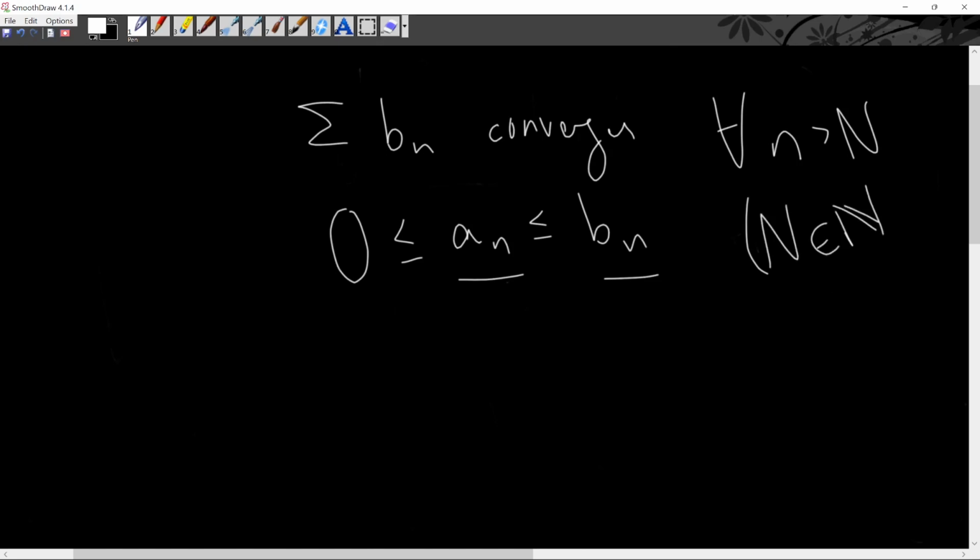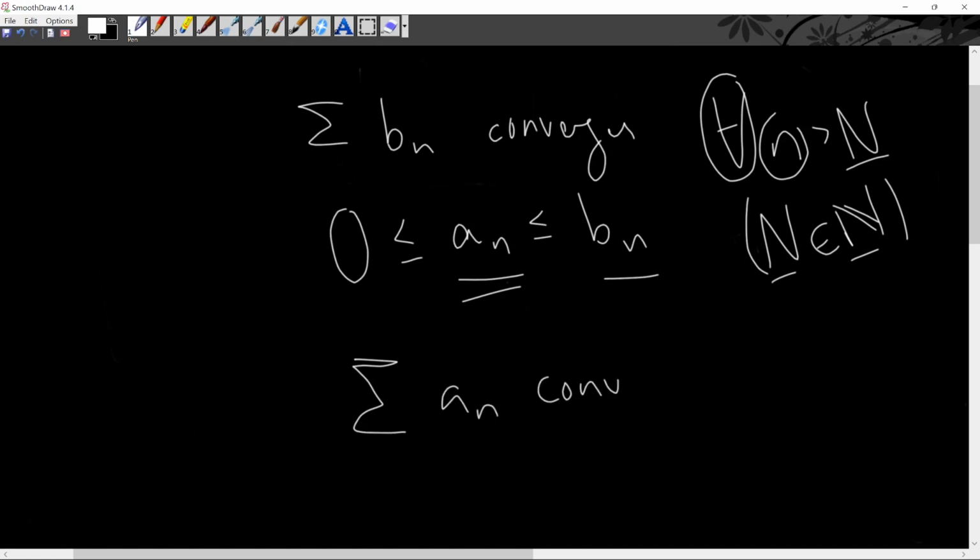I know this is confusing, but this is just saying for all numbers of terms greater than an arbitrary value, like we said for the other proof, then the series a sub n converges as well. So if b converges and a is less than b, then a converges.